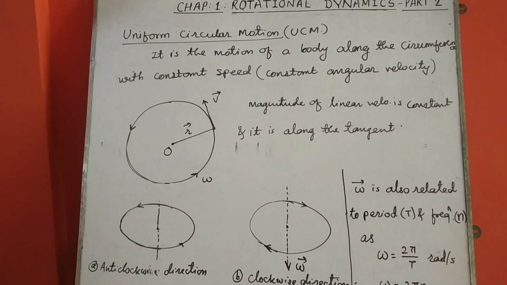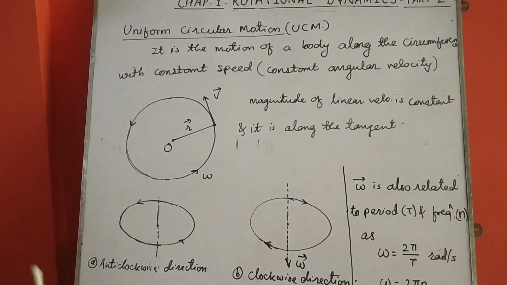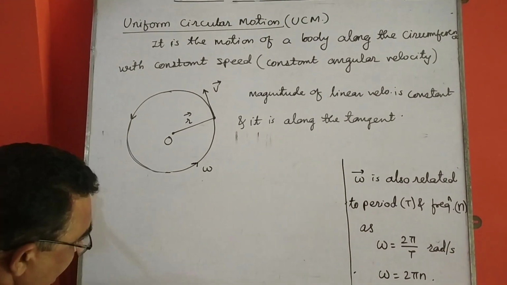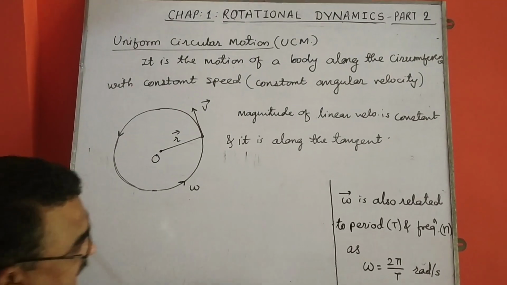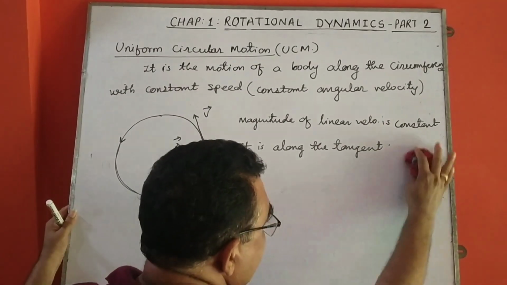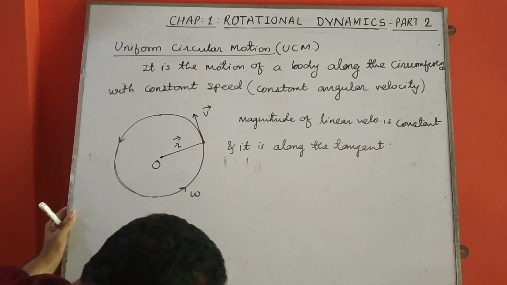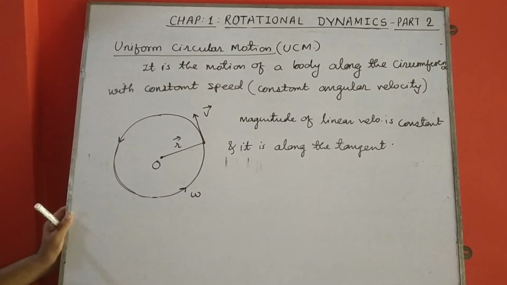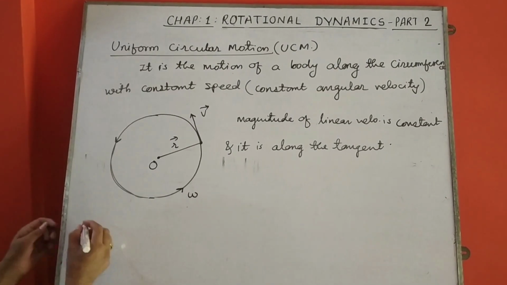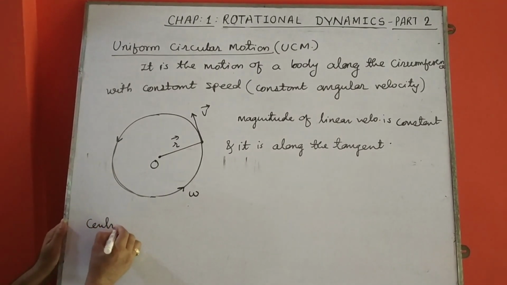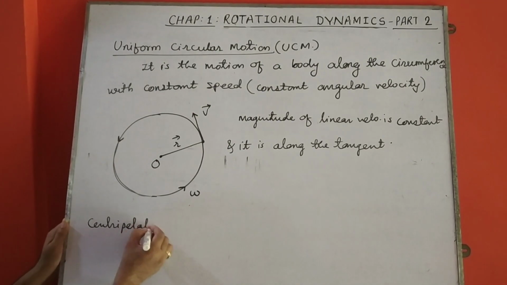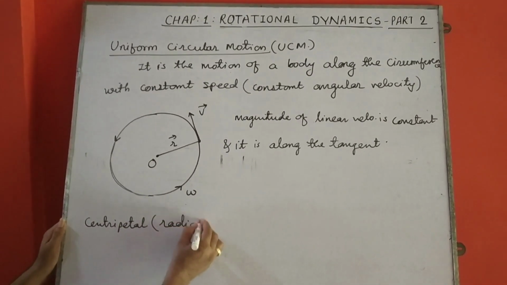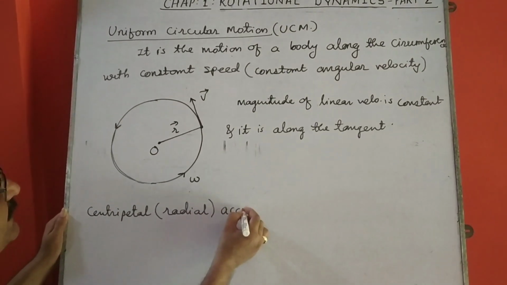Now for this uniform circular motion, an acceleration is acting on the particle or body. That acceleration is called centripetal acceleration, or radial acceleration.